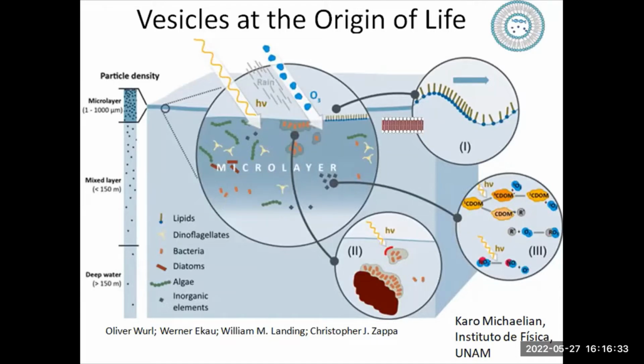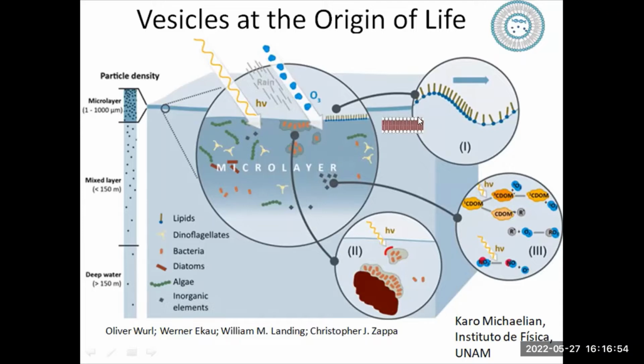But if there's a sufficient density, which is known as the critical vesicle density, then they can form these double layers. So for example, here in this diagram, we have a double layer of these amphiphilic molecules.